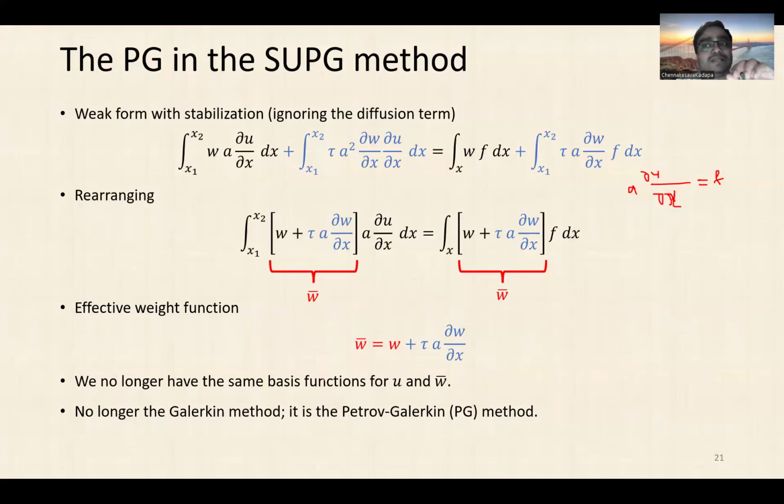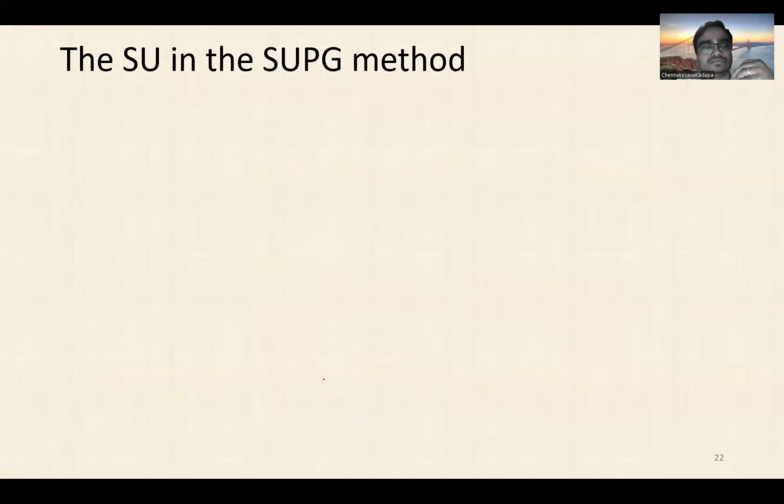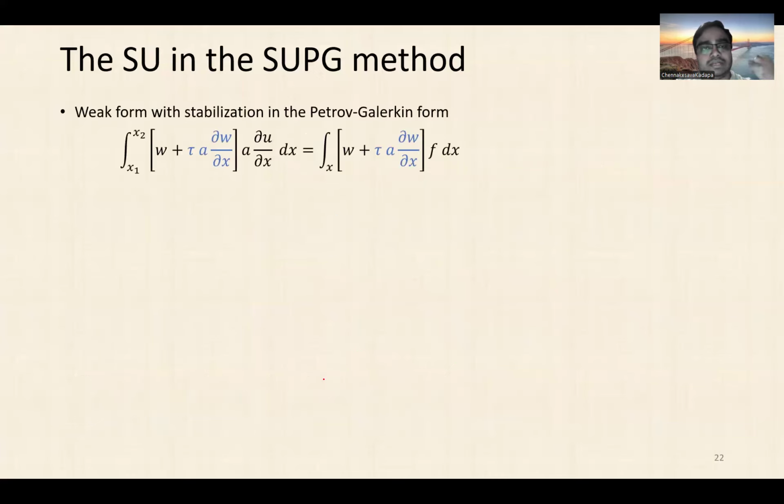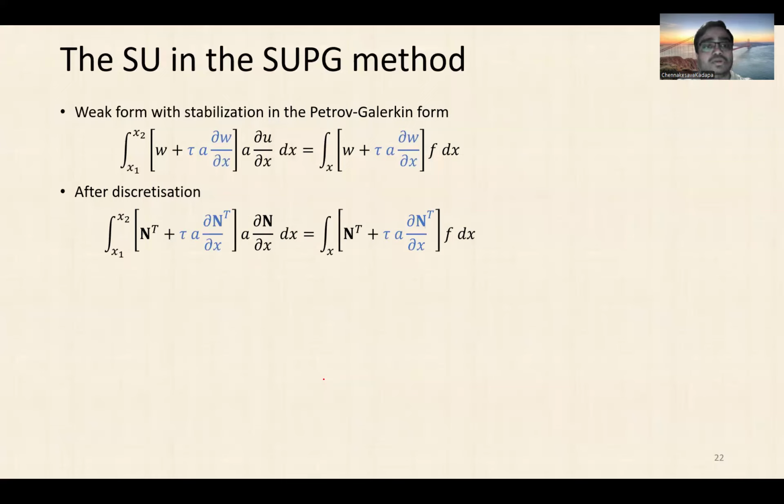Okay, what about the SU part? Again we have the weak form with stabilization, that is the Petrov-Galerkin form, and by using the discretization we can write it in terms of this.